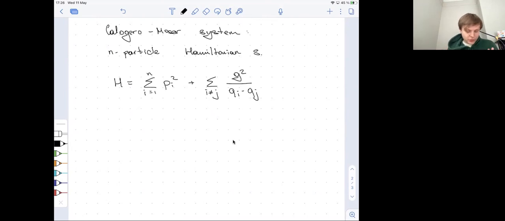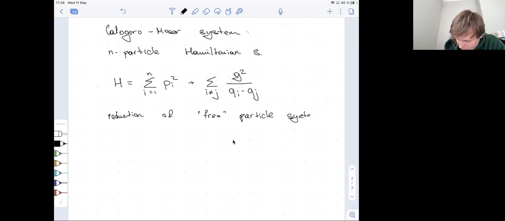But what I want to show you today is that such a system may be seen as the reduction of the free particle system, which is written on the cotangent bundle to GL_N, where you can see that the number of particles corresponds to the rank of my general linear algebra.